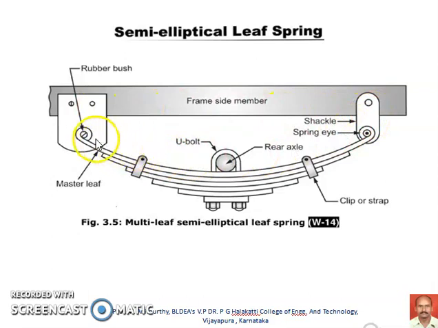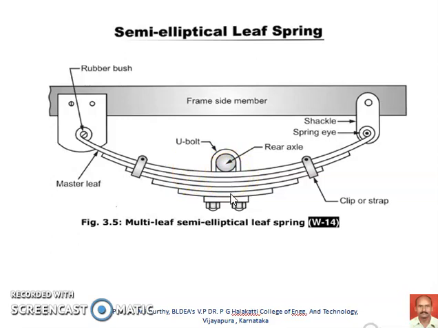Between the shackles, a master leaf, which has an eye-type structure on both ends, is connected with these shackles, and this leaf is called the master leaf or the master blade, which is rectangular in cross section and a flat leaf, and a number of other leaves are also shown here, and they are semi-elliptical in shape.